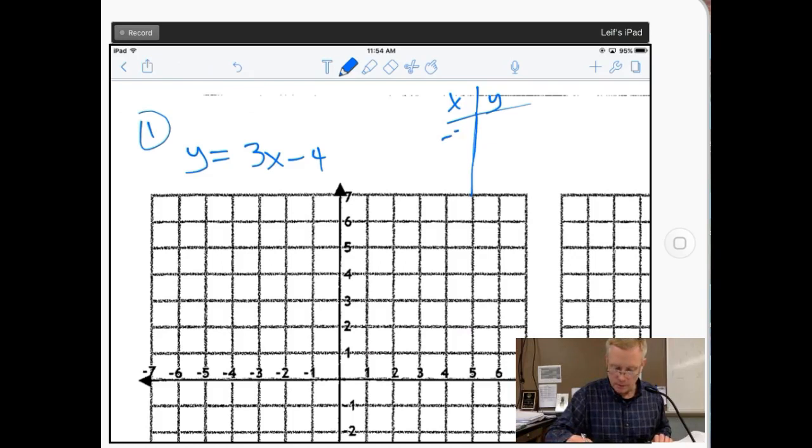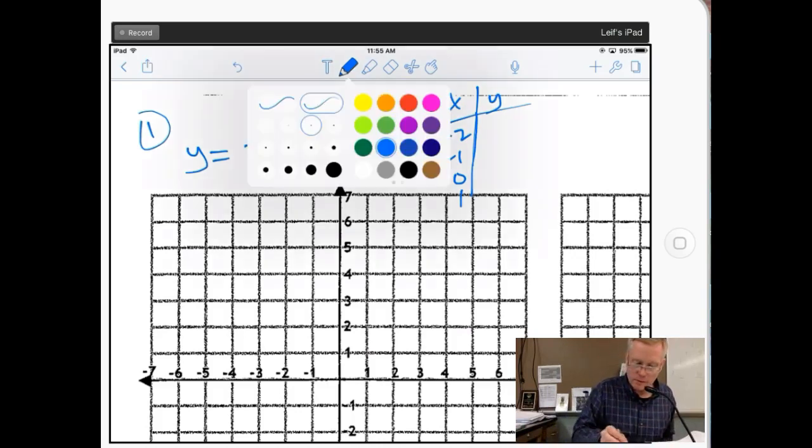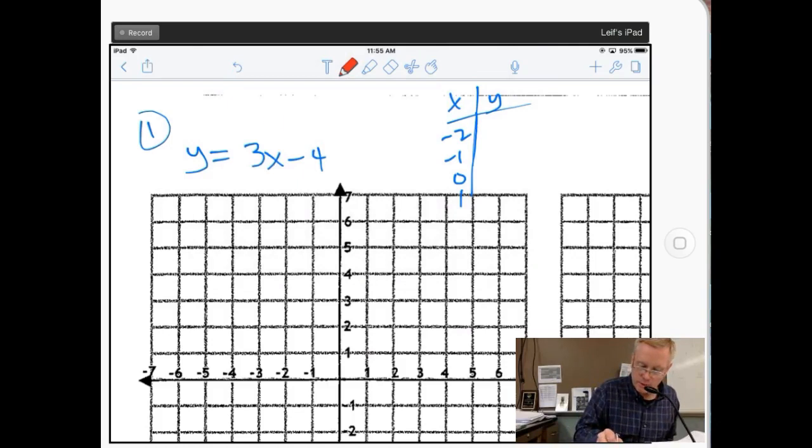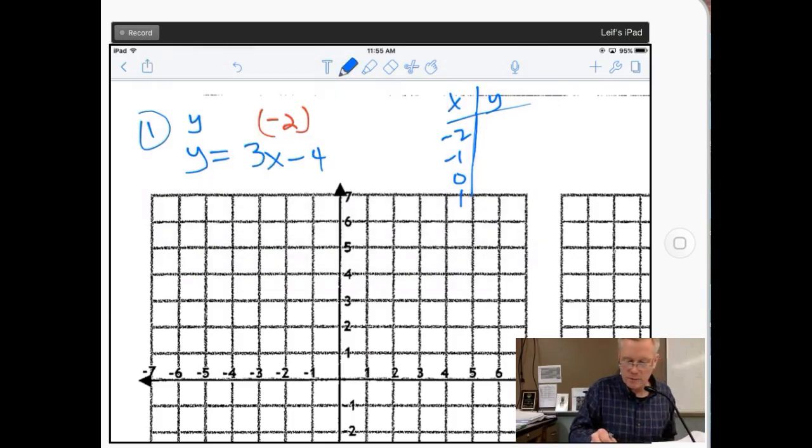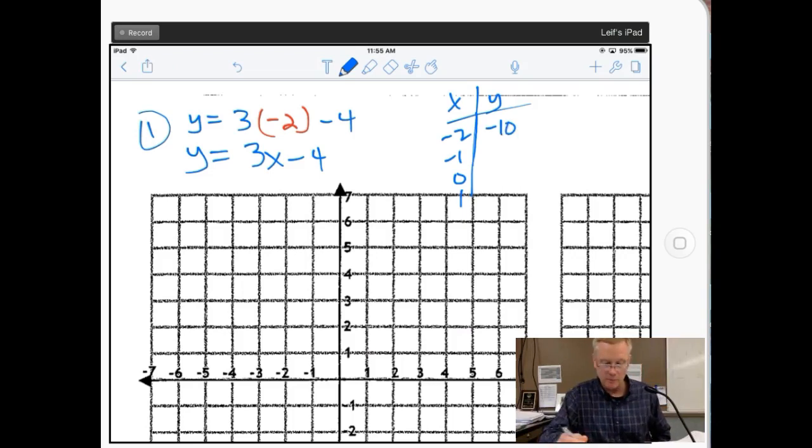So if I go -2, -1, 0, 1, and plug these values in, I will get my y-coordinates. If I plug in -2 for x, I get y equals 3 times -2 minus 4. 3 times -2 is -6. -6 minus 4 is -10. That's a big one, it won't even fit on my graph.